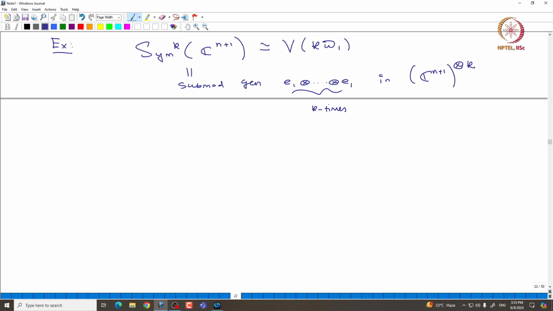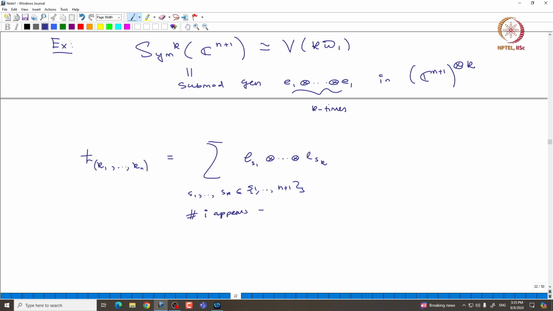We already know the basis of our symmetric powers. Okay, let us recall. Let us use this notation: denote T(k_1, etc., k_n) by the summation of e_{s_1} tensor etc. tensor e_{s_k}, where s_1 etc. s_k all come from 1 to n+1, and the number of times i appears in this expression is exactly k_i.